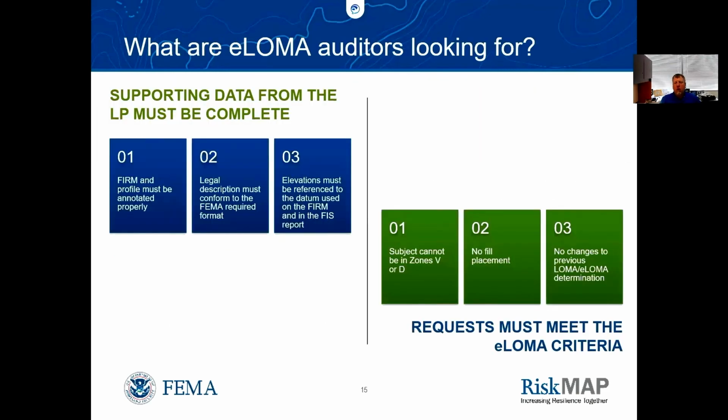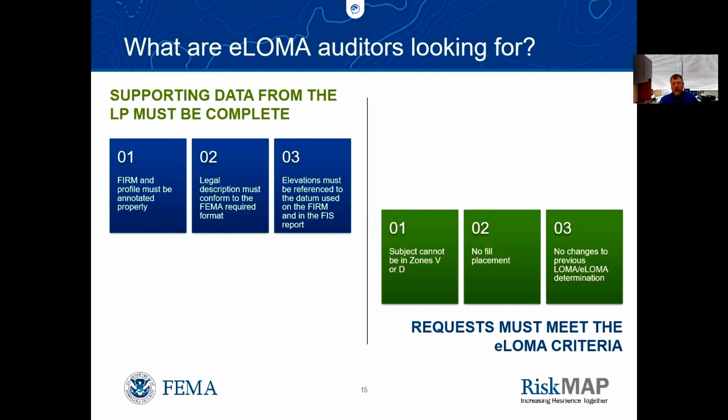So when our auditors start to review a submittal, we're looking to make sure that the firm or firmette, which is what we prefer, and the profile are annotated properly. We often have to work with licensed professionals to make sure they're doing that properly so we can see how they're determining the BFE.